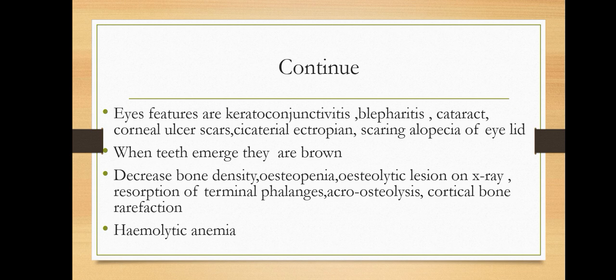When teeth emerge, they are usually brown in color. Decreased bone density, osteopenia, osteolytic lesions on X-ray, resorption of terminal phalanges, acroosteolysis, cortical bone rarefaction, and hemolytic anemia are usually observed.